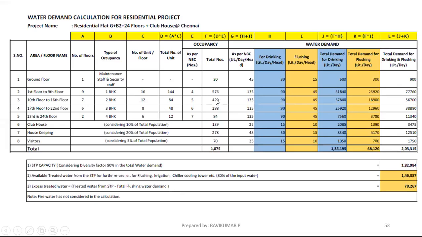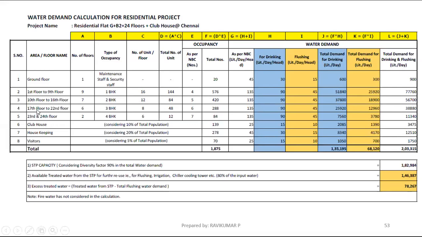For each person, you have to consider the same 135 liter only. In that 135, we consider 40 liter for flushing and 90 liter for domestic. Accordingly you have to design, same formula as I told previously. 56,700 liter only we will get.